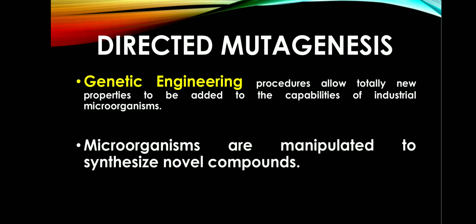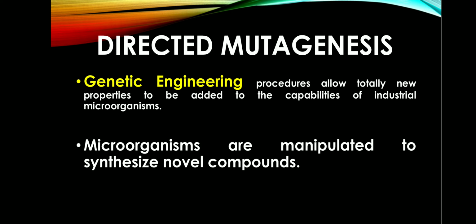Over the last 20 years, the development of recombinant technology achieved through genetic engineering has had a major impact on industrial microbiology. Here we are going to use modern recombinant technology, wherein we modify the specific gene in the microorganism to improve the strain of the organism, which can be used to increase the product yield.